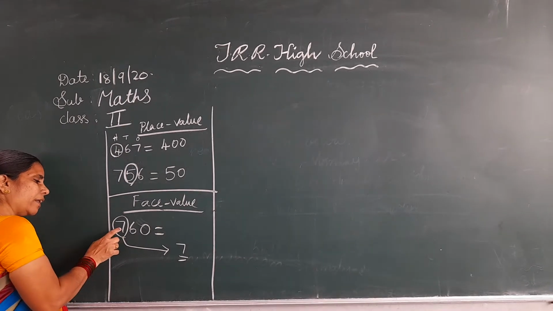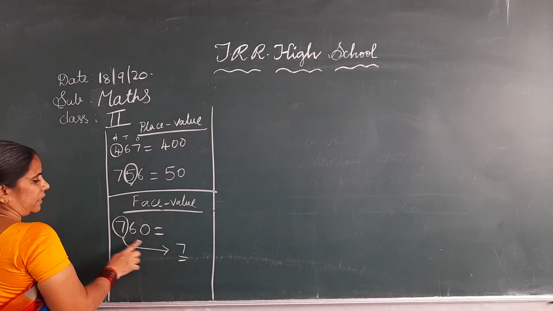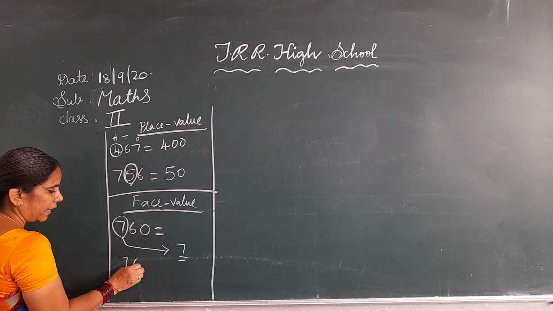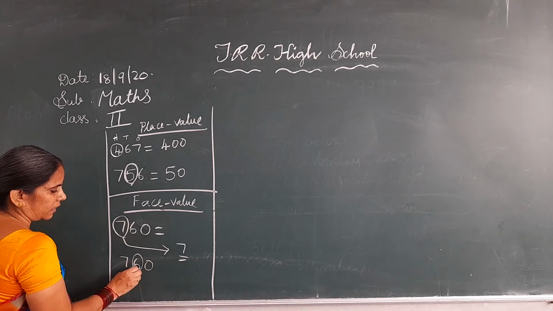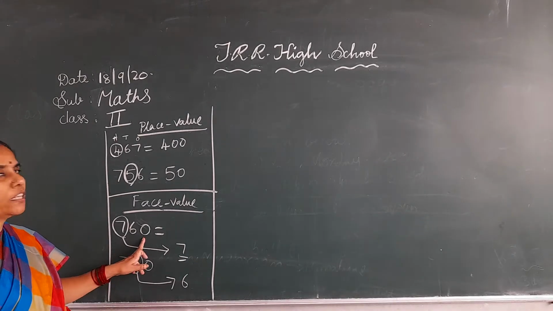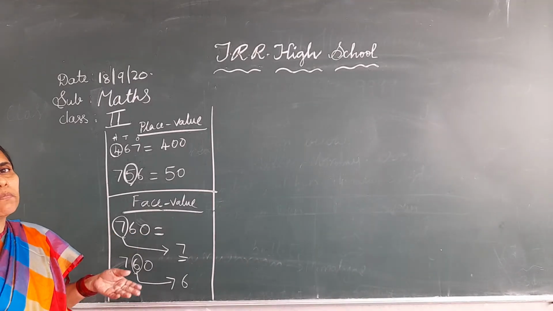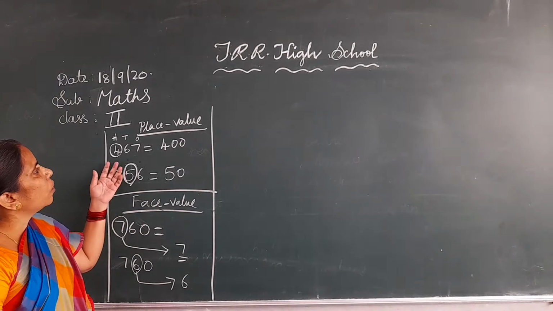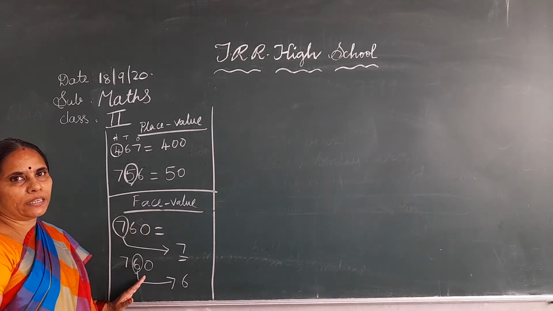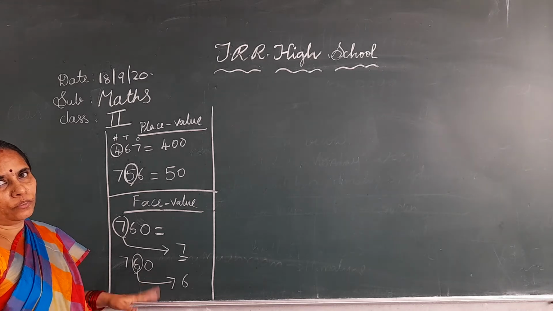Here the face value of 7 is the same 7. The face value of 6 is the same 6. Face value of 0 is the same 0. I think you all understood place value and face value. Already we completed these two.